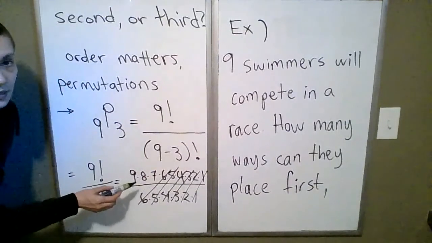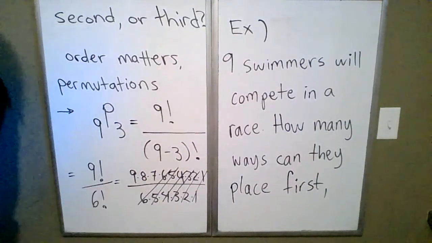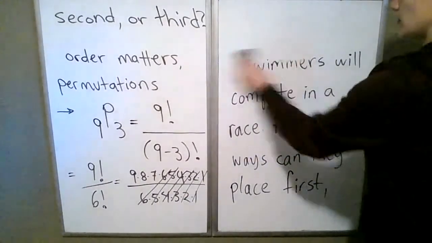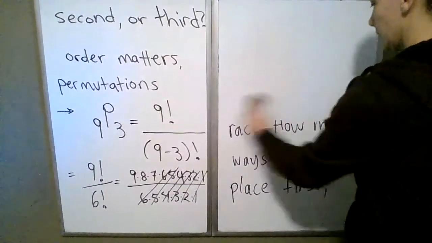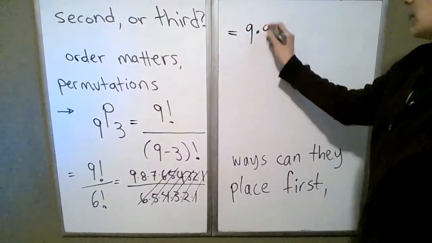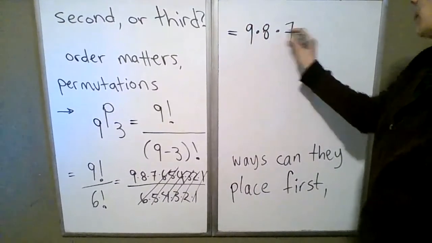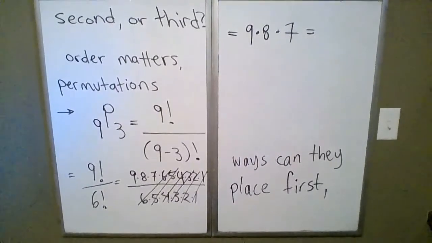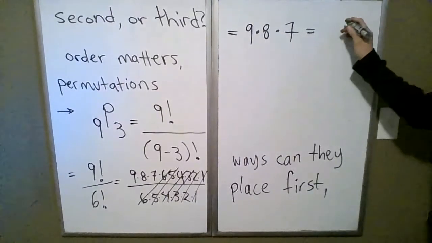And what's left is 9 times 8 times 7. And that is 504.